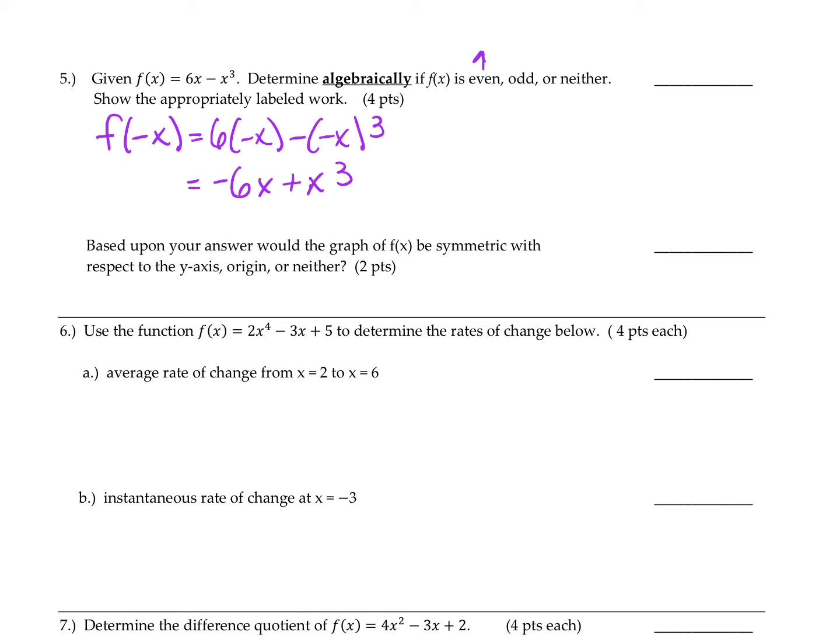So if a function is even, when you put in -x, you're just going to get the regular function back. If a function's odd, you get something equivalent to the opposite of that function. So if I think about negative f of x, that means it'd be the opposite of 6x minus x cubed. So it ended up being -6x plus x to the third, which is what I've got here. So this would be an odd function.